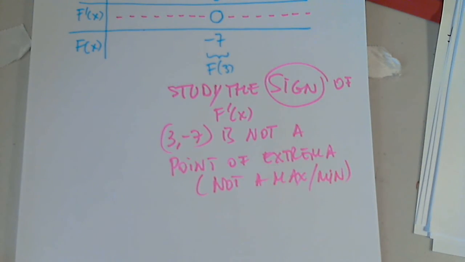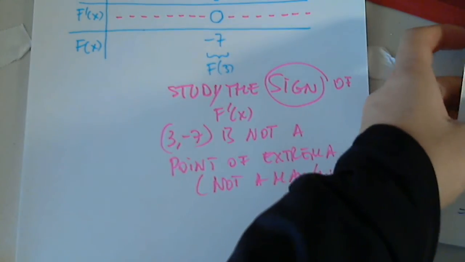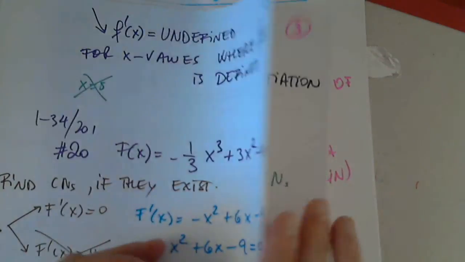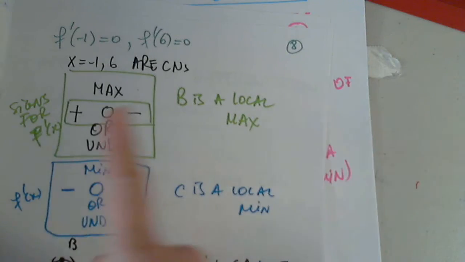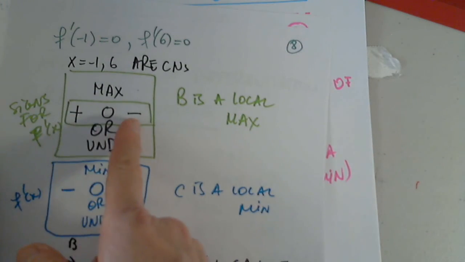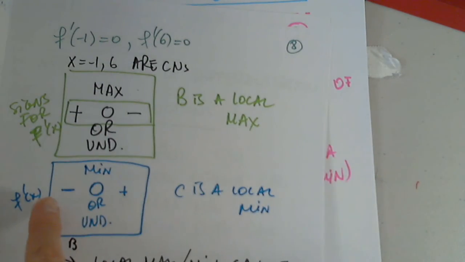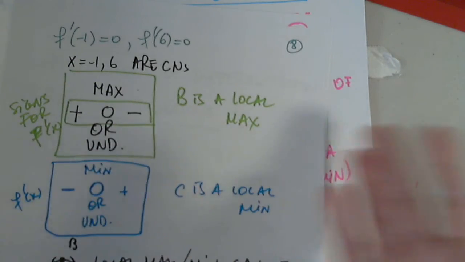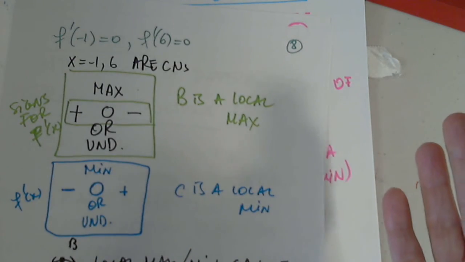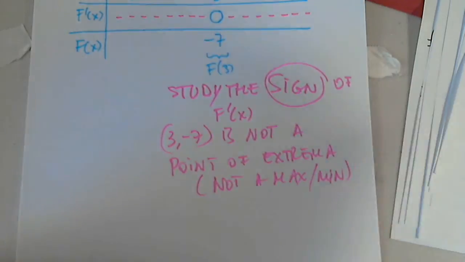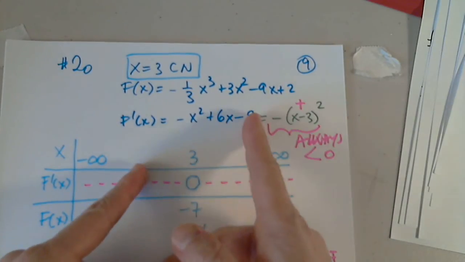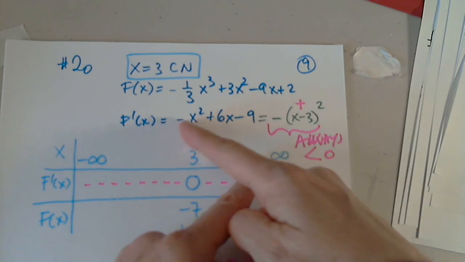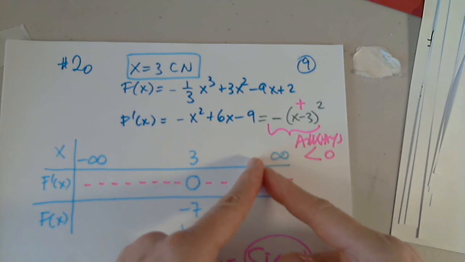How come? Because of this. It doesn't change sign. It's negative, negative, no point of max. It's positive, positive, no point of max or min. It doesn't change sign. It's always negative. You can plug in any number you want. You can plug in 0, you get negative 9. You can plug in 10, I guarantee you get a negative number.